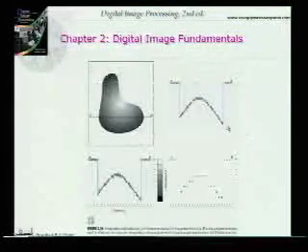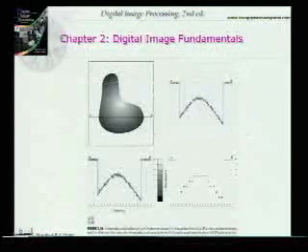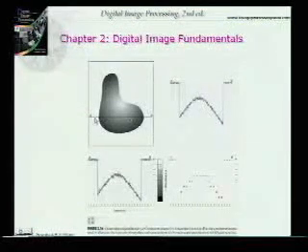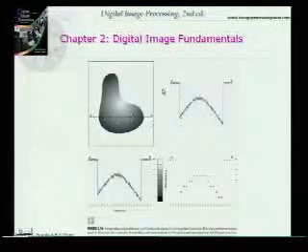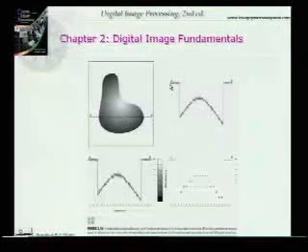Along the same lines, if I were to cut this object with a line from A to B and look at the intensity captured in the continuous tone image, assuming there was absolutely no quantization, this is the intensity pattern that I would get.